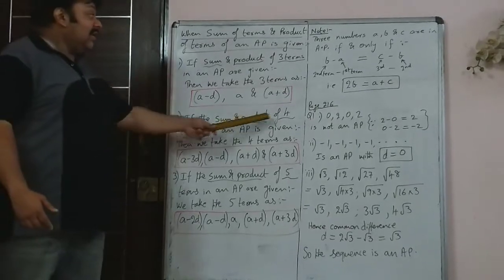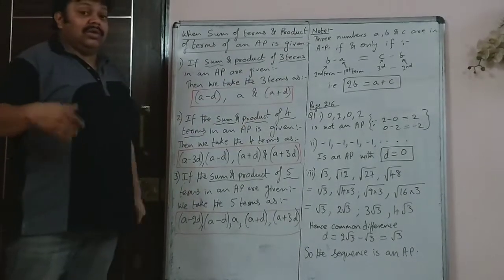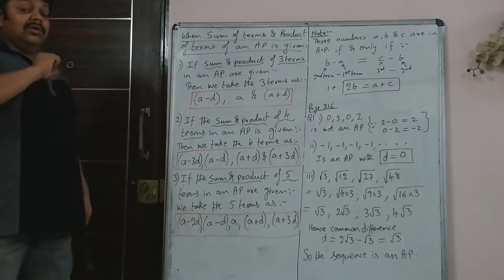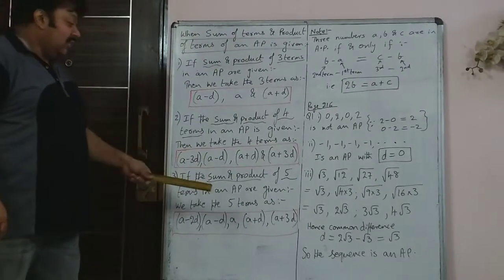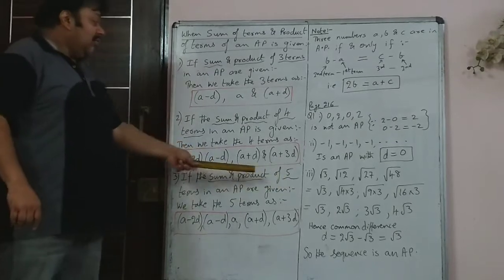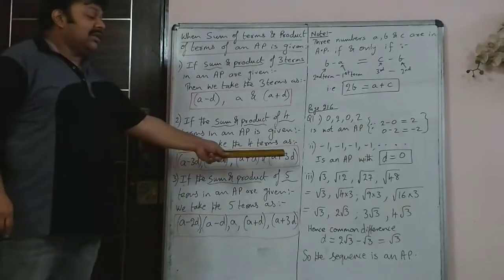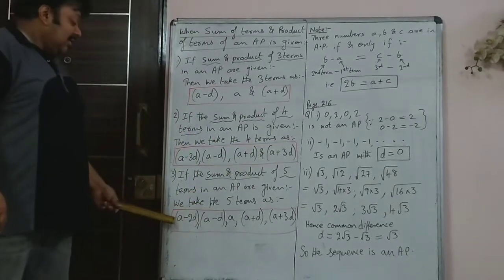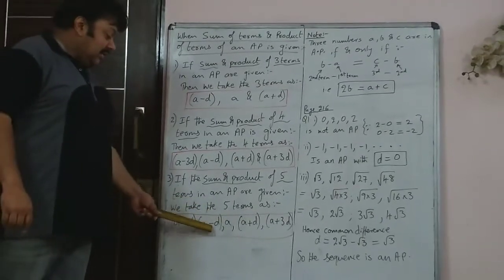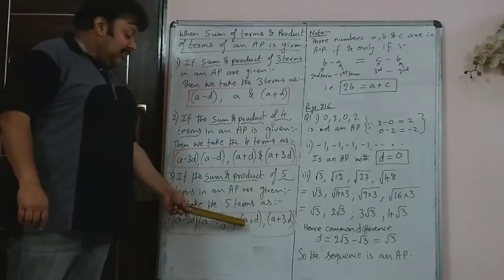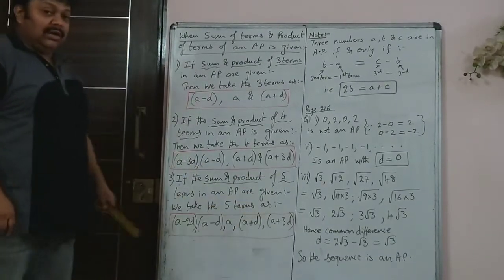So you have to see how many terms in AP are given, whether it says the sum and product of 4 terms, 3 terms, or 5 terms. If 5 terms are given, you can't take this. You will take the sequence, that is the AP, as A minus 2D, A minus D, A, A plus D and A plus 2D. Why?